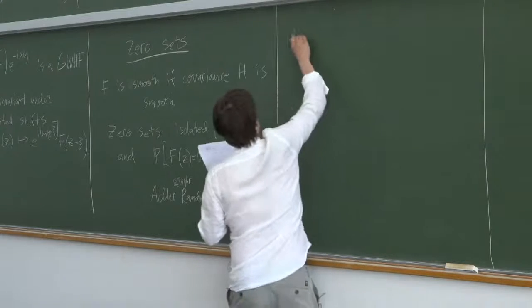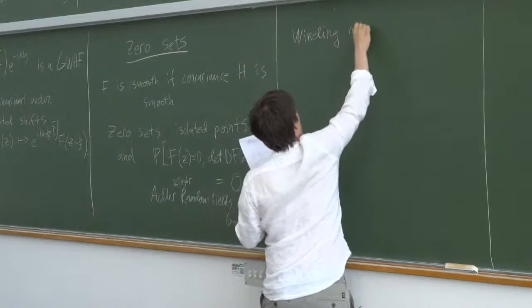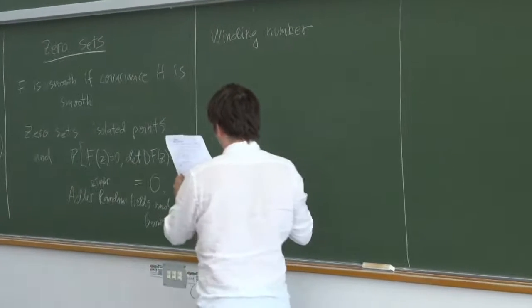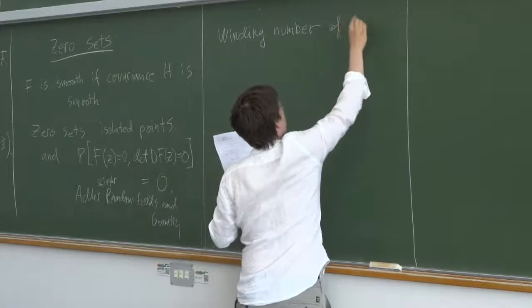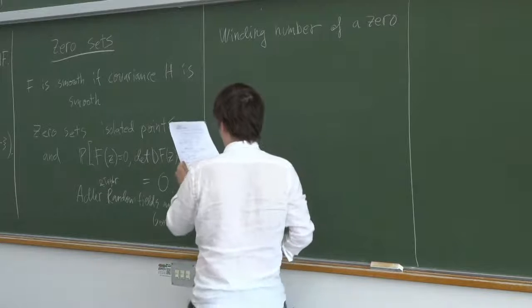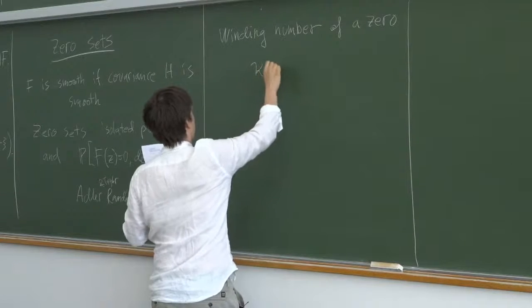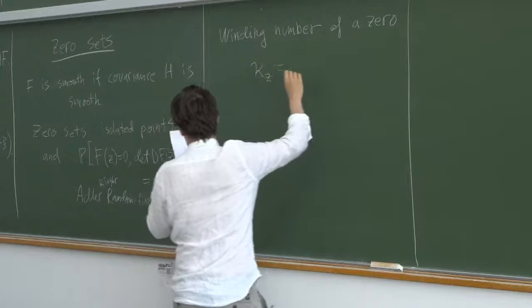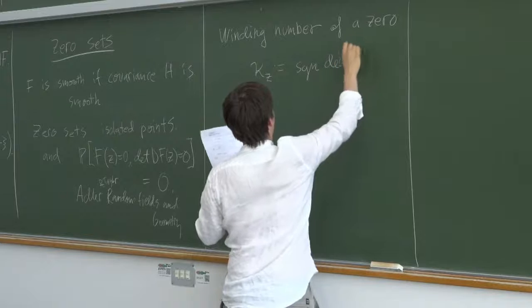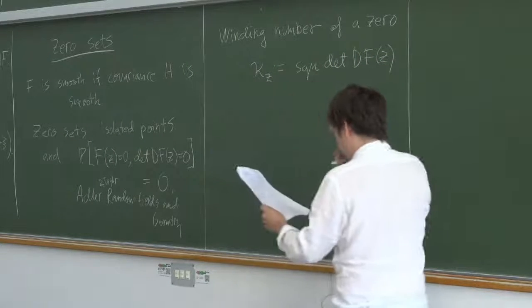So another object of interest can be the winding number of a zero. We define it as kappa(z), and it's the sign of the determinant of this Jacobian matrix at z.